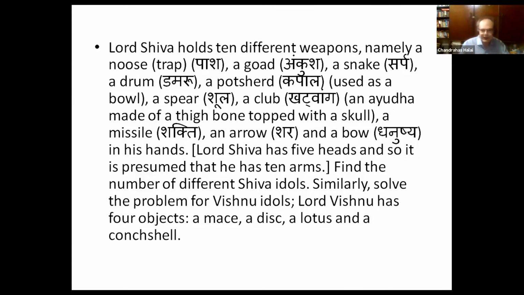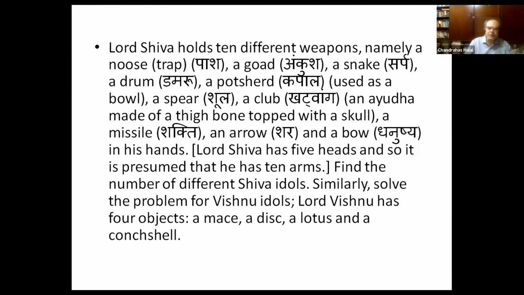So let us look at one very interesting problem. Lord Shiv holds 10 different weapons. Now Lord Shiv has 5 heads, hence he has 5 pairs of hands, that is 10 hands.